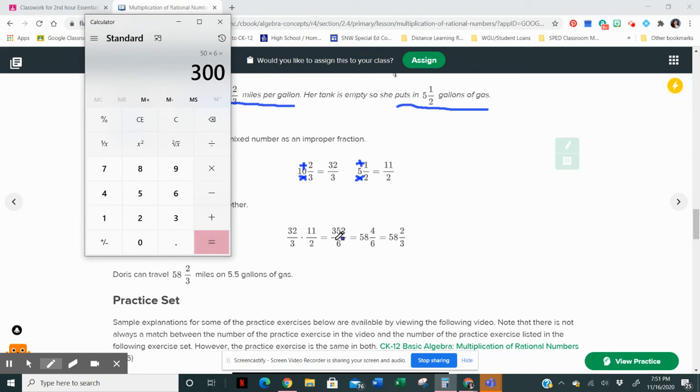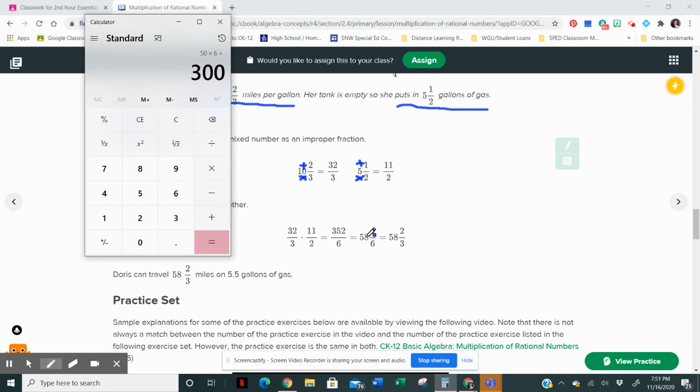So then I would just have to figure how many 6s maybe go into 52. Well, I know that 6 times 8 is 48. So I would guess 58, because 50 of them was 300, plus 8 more is 58.